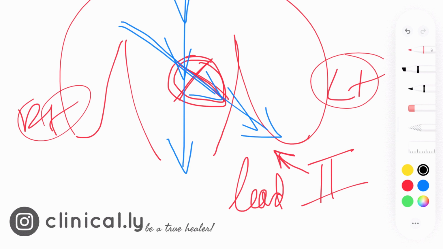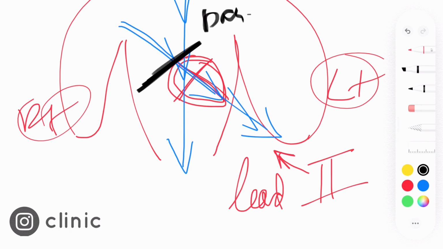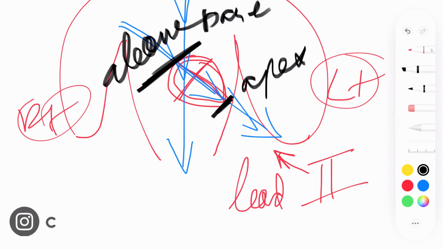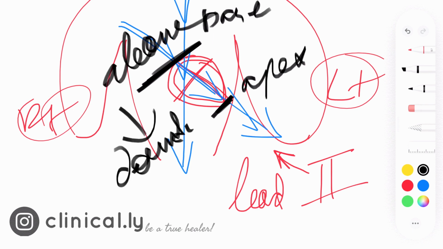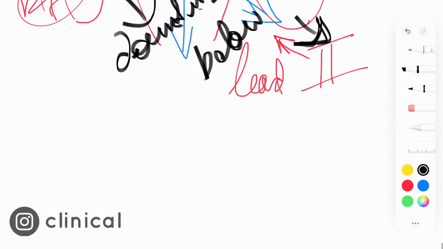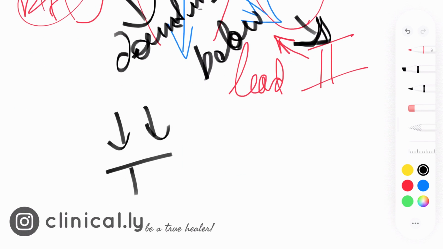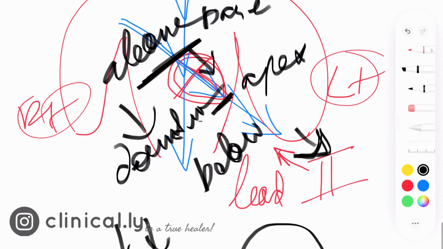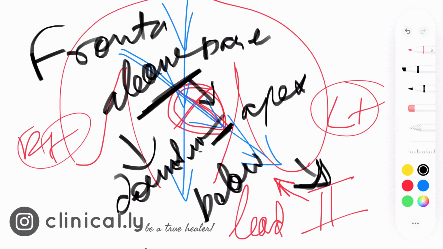So any activity, any wavefront coming from the base towards the apex, that is from above downwards, will be coming towards our lead 2, and we know when the wavefront is traveling towards the lead, it is recorded as a positive deflection. Now this was regarding the frontal plane of the body.